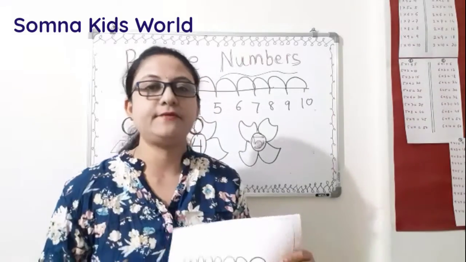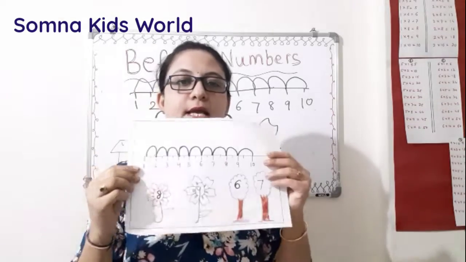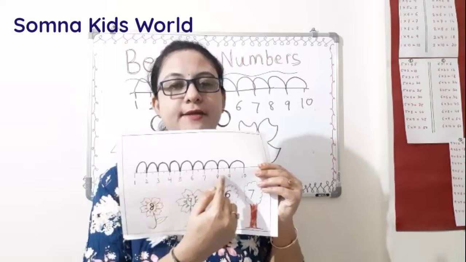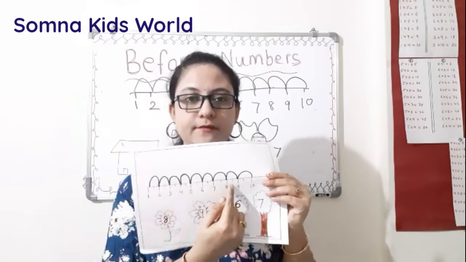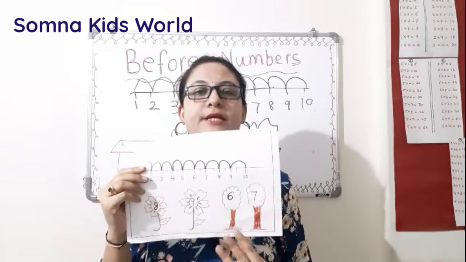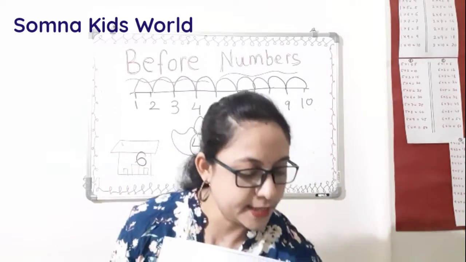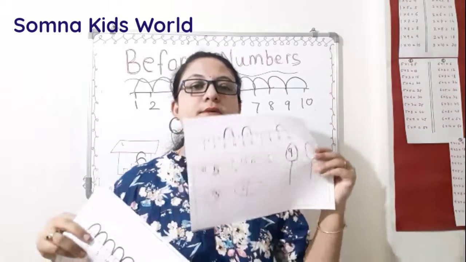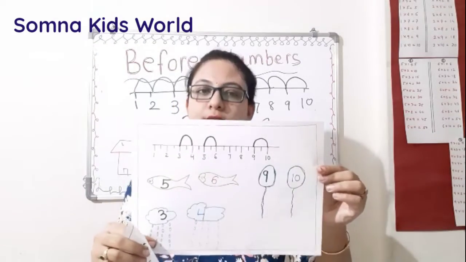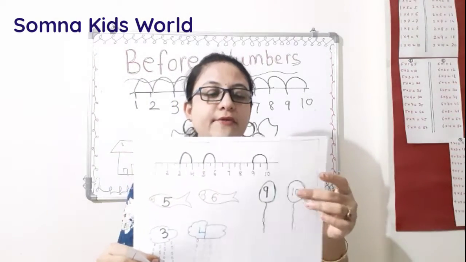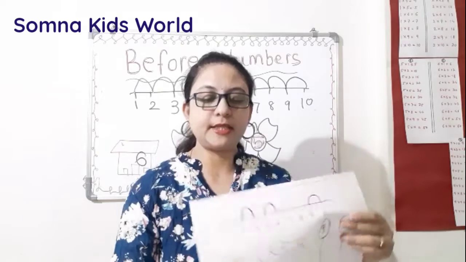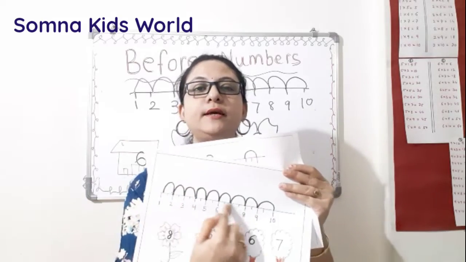Likewise, you can give them a worksheet on before numbers. Like I have done the worksheet here. You have to draw the number line first, and you can draw some pictures like trees, flowers, fishes, clouds or balloons, and give the number, definitely with the help of the number line.